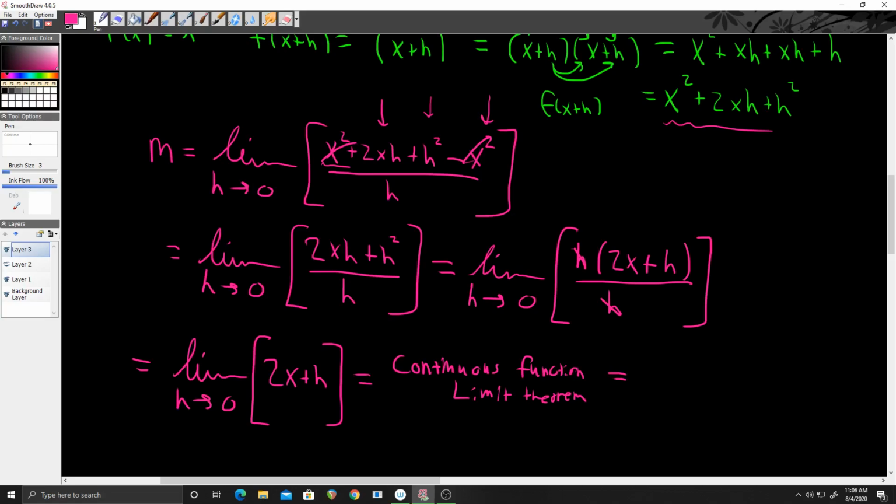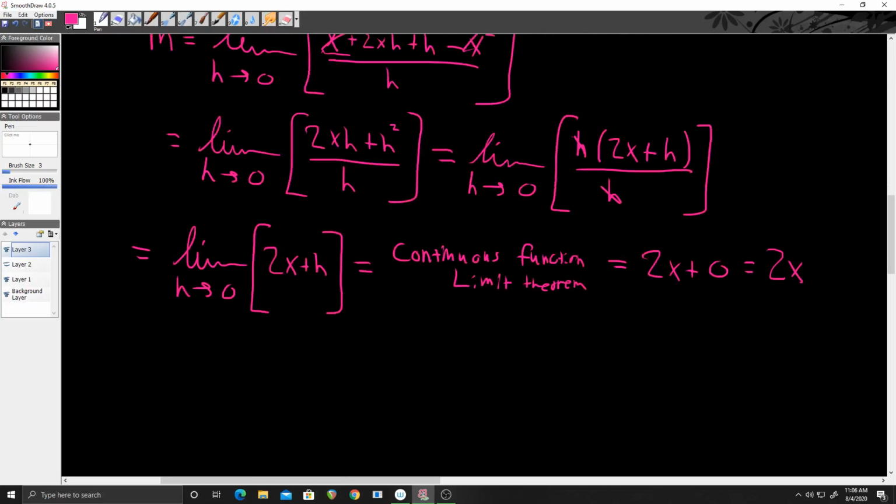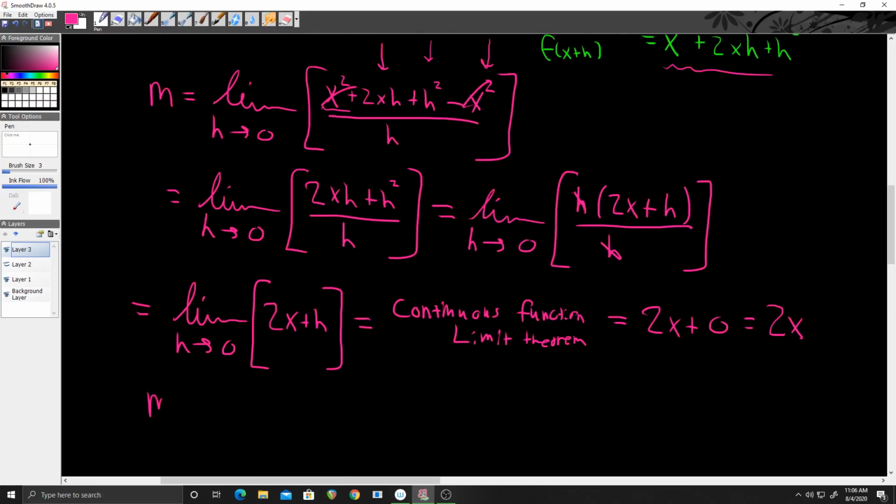I'm just going to plug in 0 for h. So I get 2x plus 0, which is just 2x. And so what we've discovered here is that the slope, which is dy dx, which is f prime of x, different notations for the same thing, df dx, is 2x.